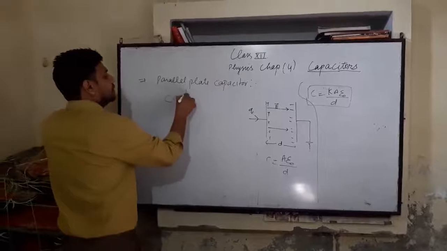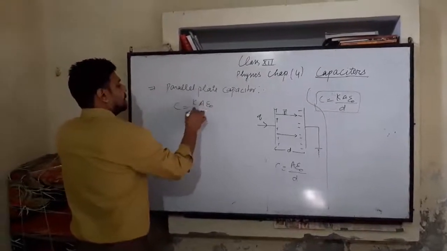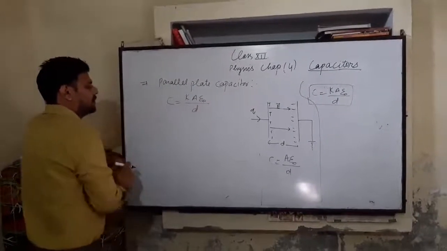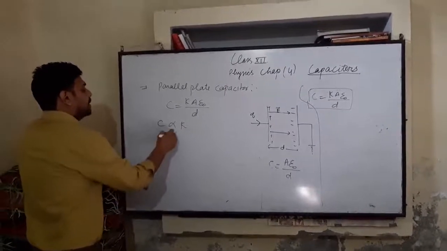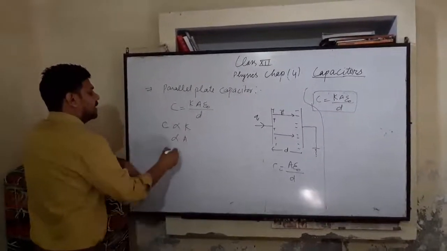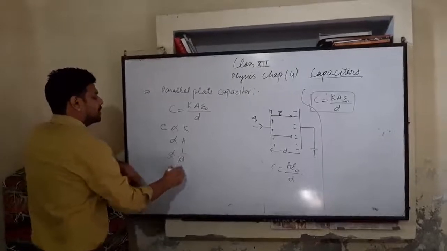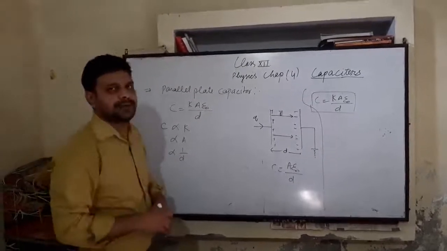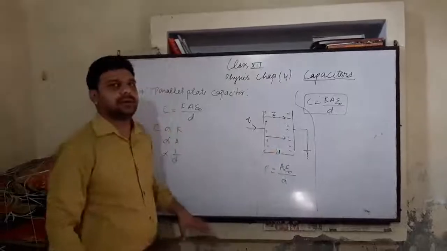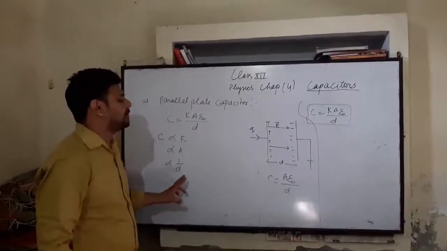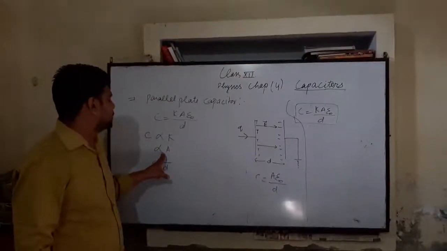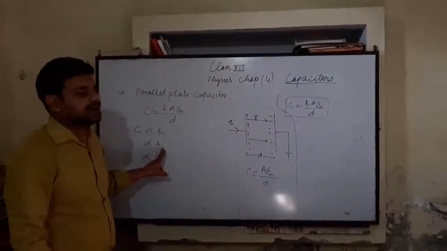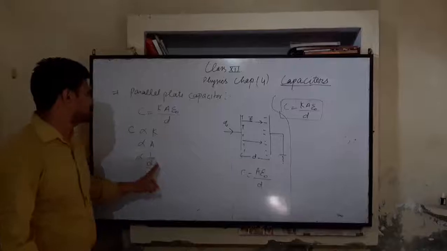So according to this formula, it is clear that C is directly proportional to K, directly proportional to A, and inversely proportional to the distance between the plates. If we put some dielectric between the plates, then the capacitance of the capacitor increases. If we use plates of large area, then the capacitance also increases.